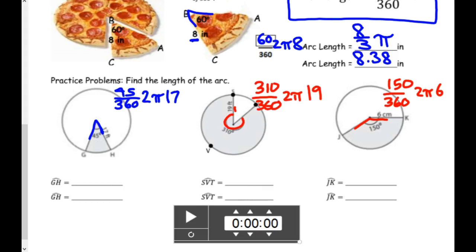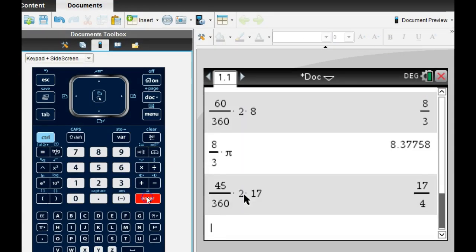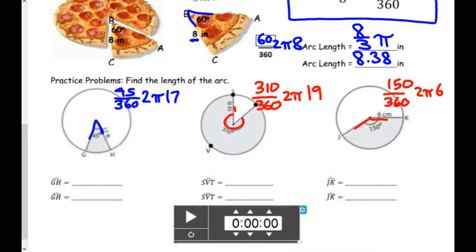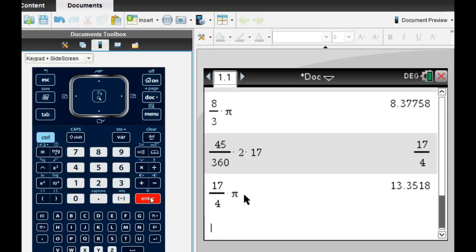So let's throw these in the calculator, get our three answers, and move on with our lives, right? So 45 over 360, and then 2 and 17. So we get 17 over 4. What goes next to it? Pi, and my units are feet. Regular feet. And then times pi for my decimal answer, 13.35.